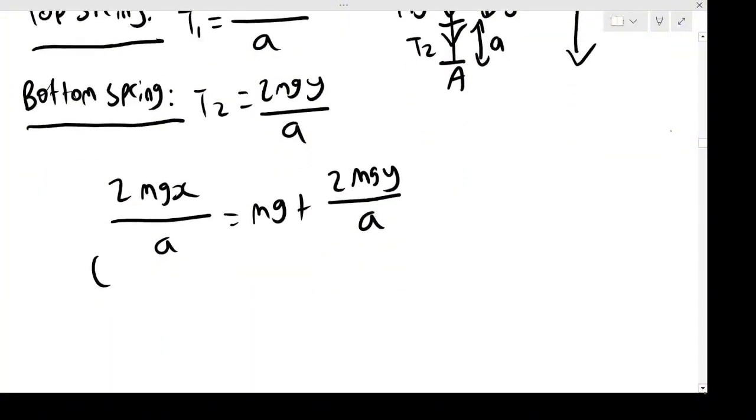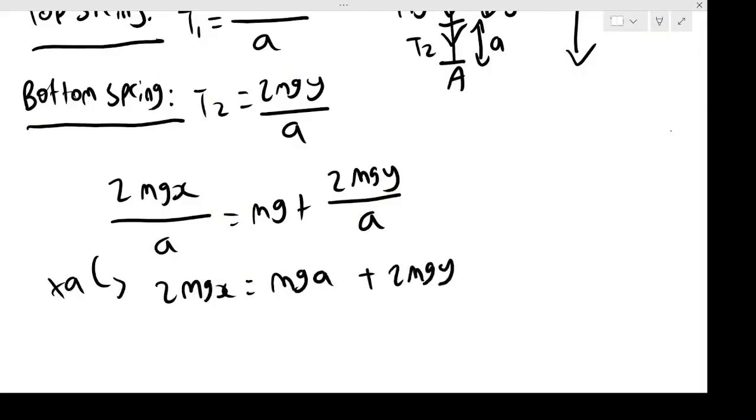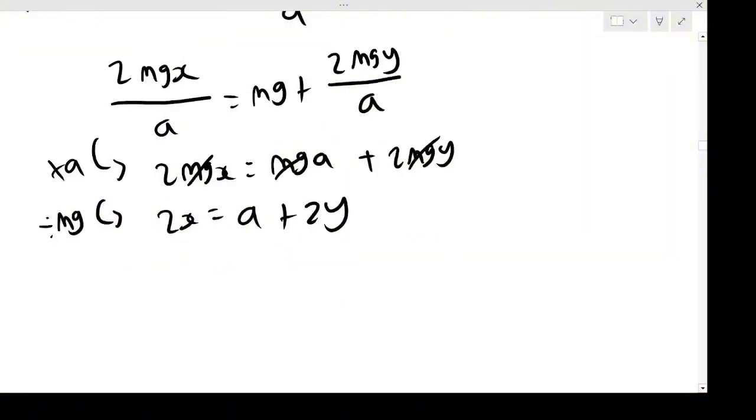Firstly, we can get rid of the fractions by multiplying everything by a. So 2mgx equals mga plus 2mgy. Then we can cancel the mg's in all the terms by dividing by mg. So then we get 2x equals a plus 2y. Hopefully happy with that.